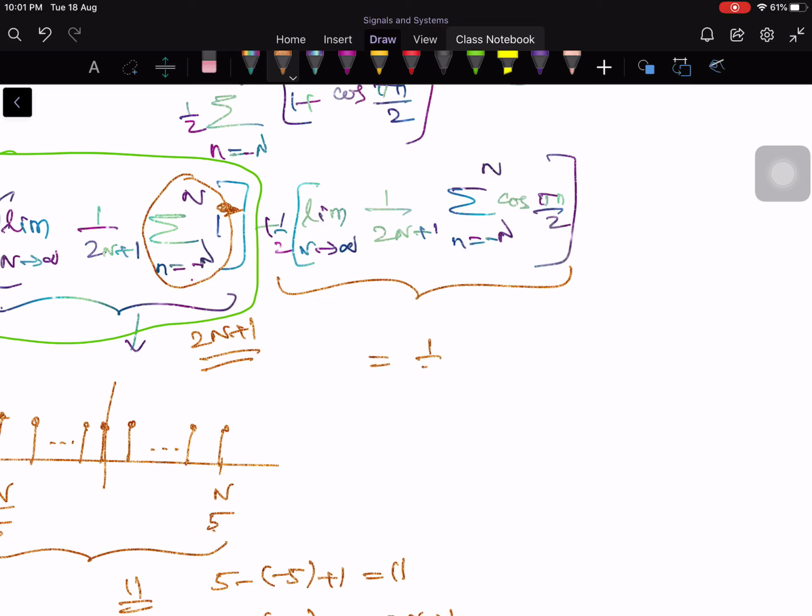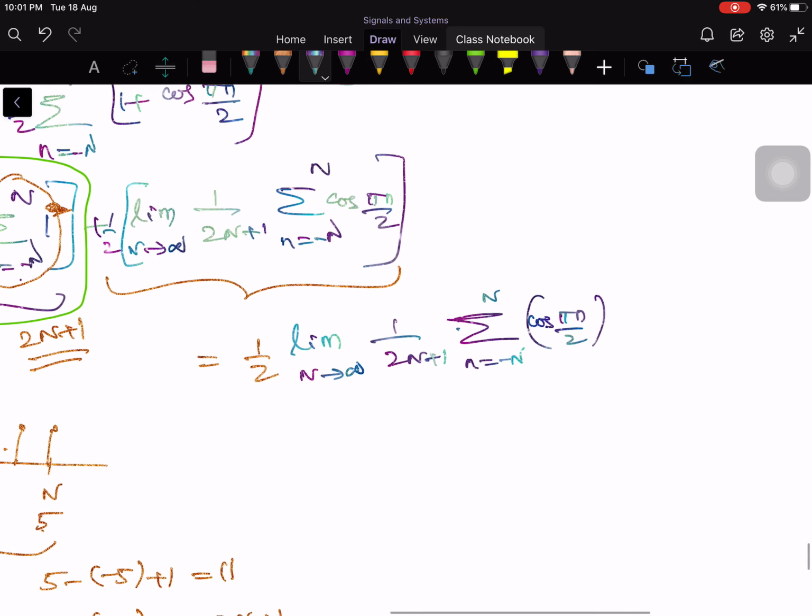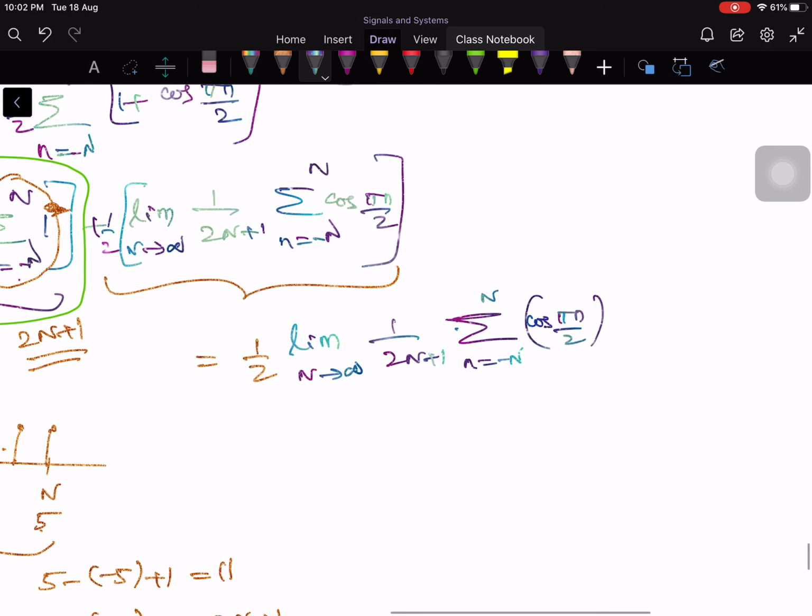So this is 1/2, limit N goes to infinity 1 over 2N plus 1, summation of n equal to minus N to plus N cos of pi n by 2. Now if you apply a little bit of knowledge from your trigonometry, then it's very easy to solve this. So how can we proceed now?